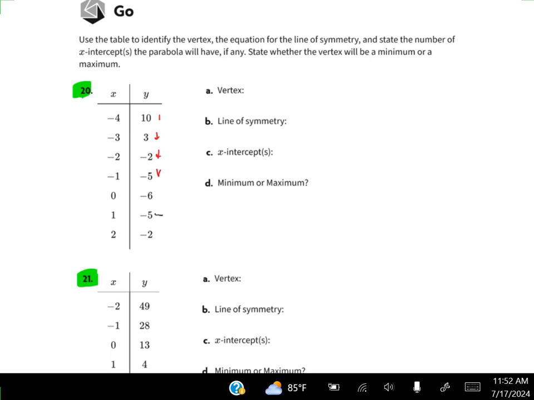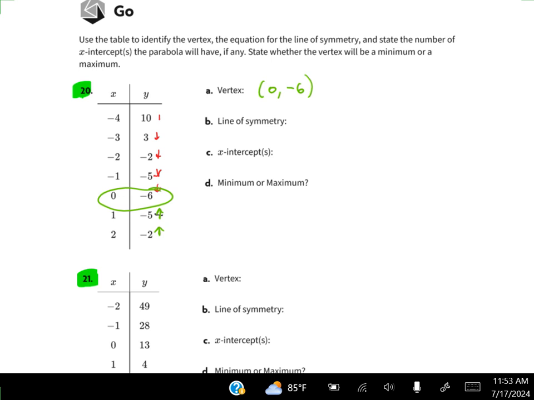We go down again, we go down again, we go down again, except for now, once we hit negative 6, we're going up to get to 5, and we're going up. So this value right here is going to represent that change from going down to going up, and that is our vertex. So our vertex is at 0, negative 6.